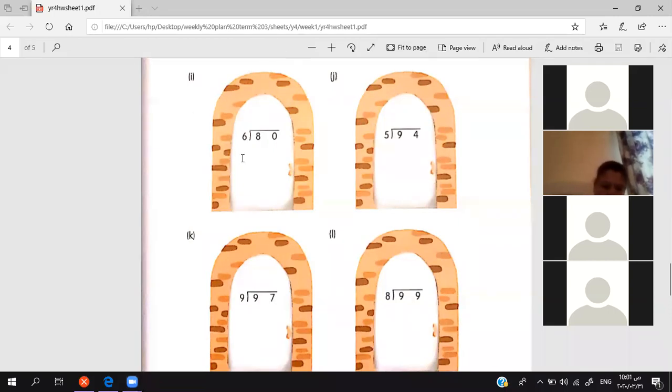I will make it times here and an equal here. An equal here. Yes, excellent girl. I say what times 6 gives me an 8. 6 times what equals 8.